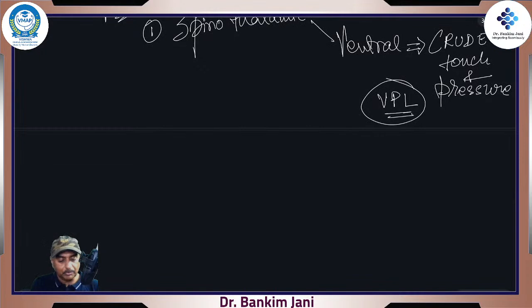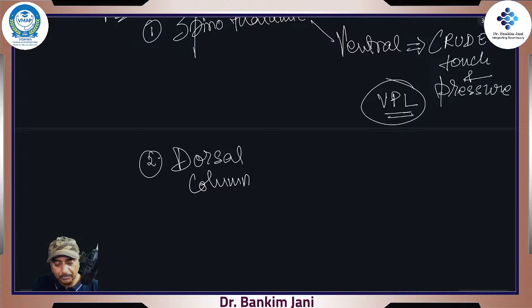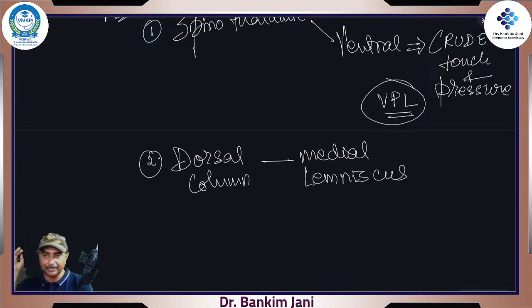There is just one more important tract, or in fact a whole path in the dorsal column. It is called the dorsal column to medial lemniscus. We have not yet talked about the medial lemniscus, so just keep in mind that this is one particular tract, but its function is very important. That's why I put it here.